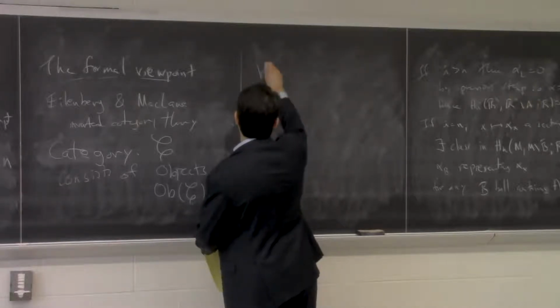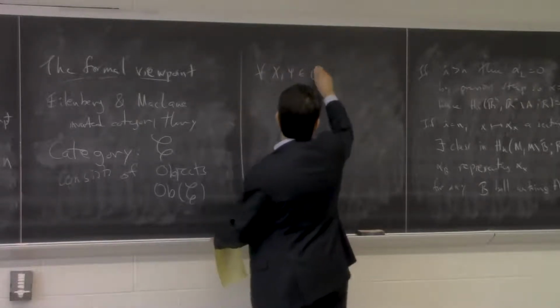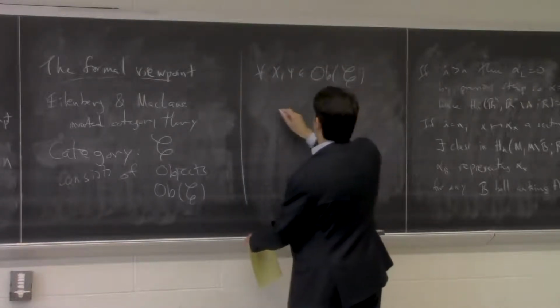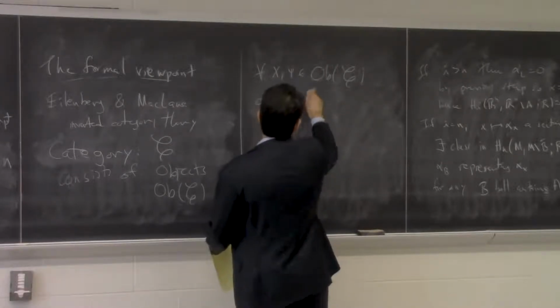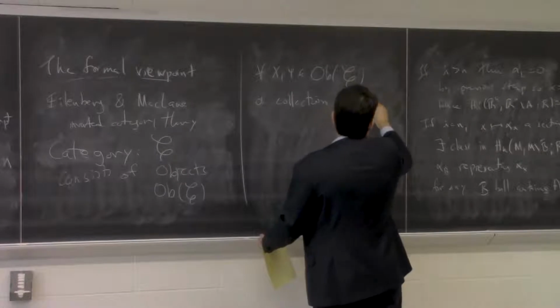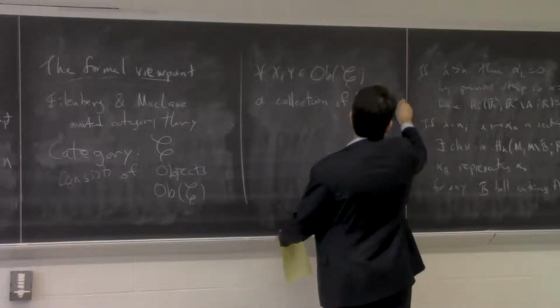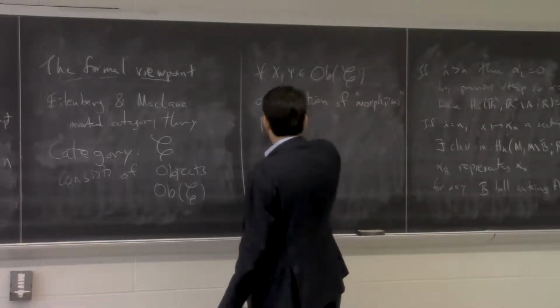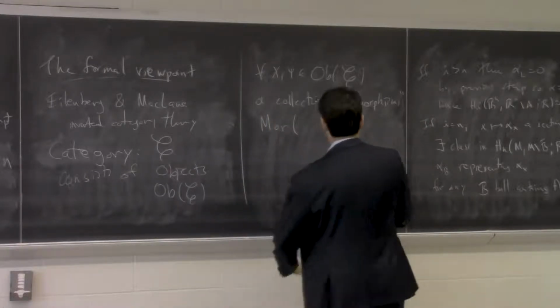And for every x and y objects of C, a collection of morphisms. Morphisms, of course, is just a name. It's just a collection.